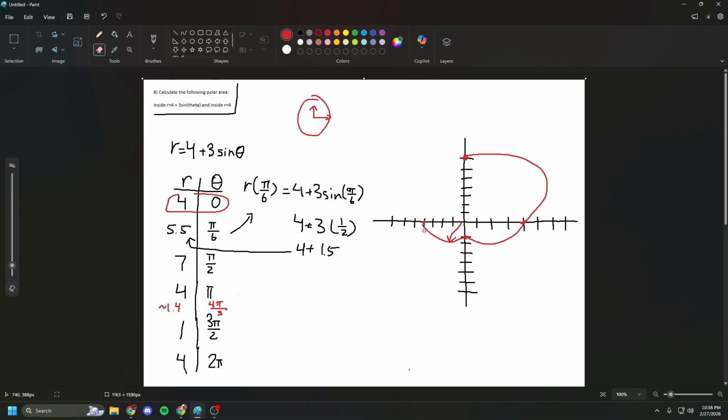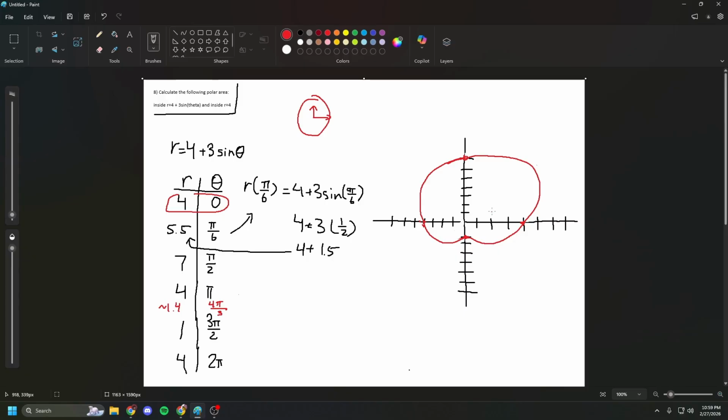But apart from that, we know that the minimum is at the bulge, and that's when r equals, when it equals 3 pi over 2, the graph bulges upwards.